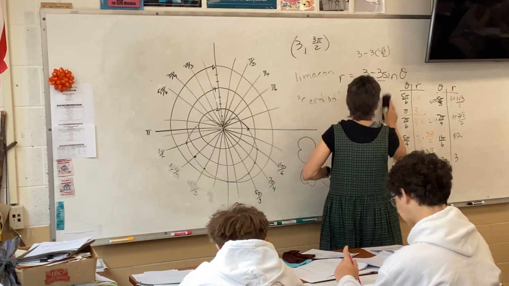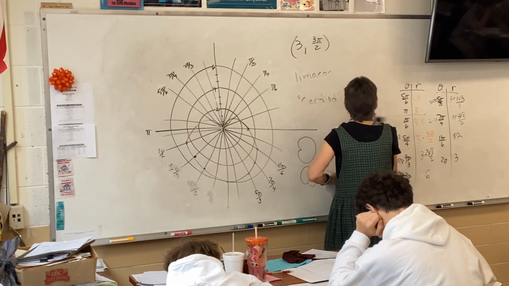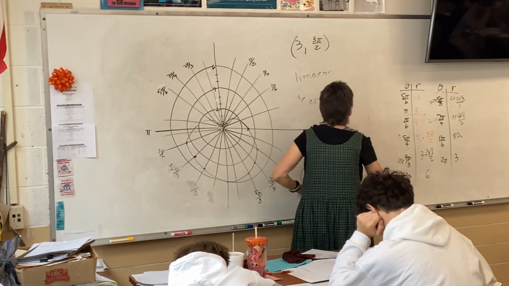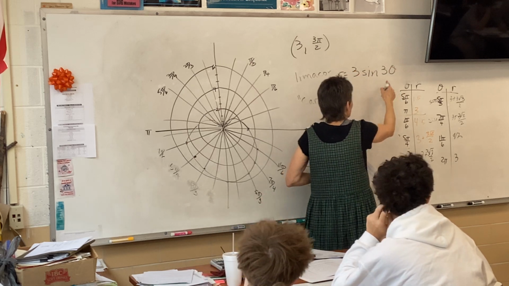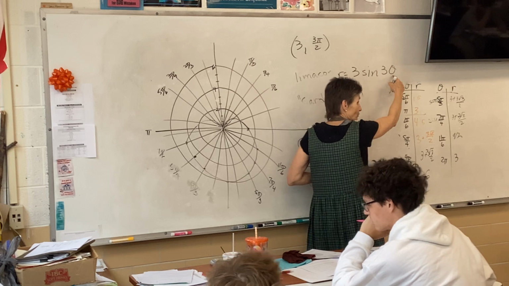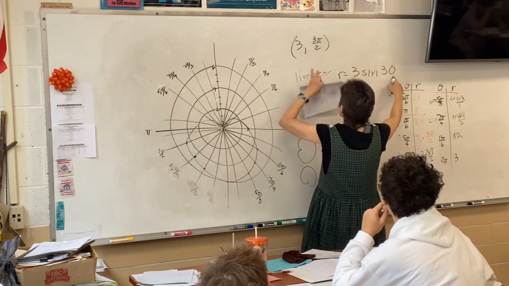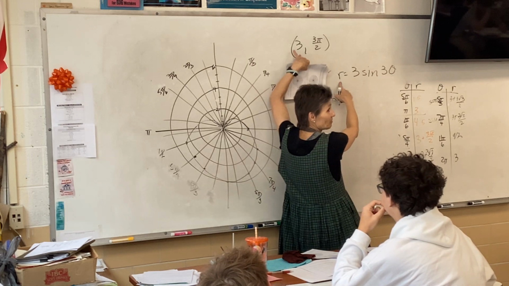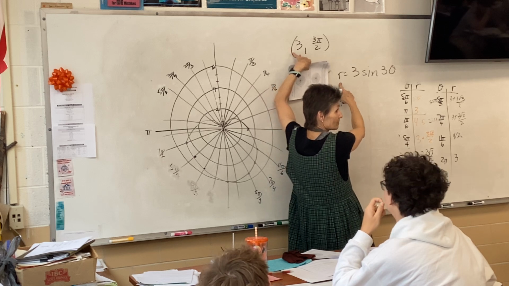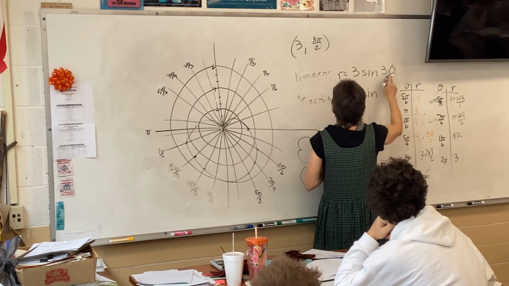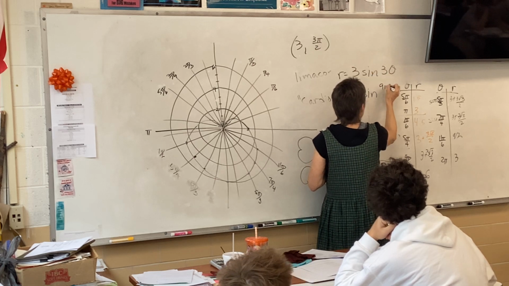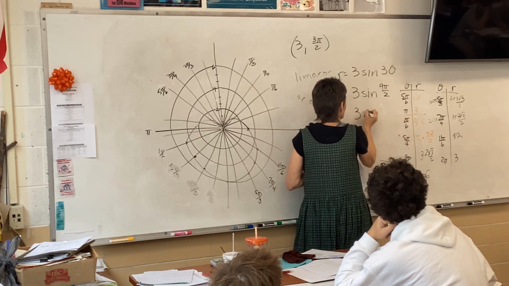3 sine 3 theta. If I put in 3 pi over 2, then I should end up with 3, correct? So let's do it. 3 times 3 pi over 2 would be 9 pi over 2.